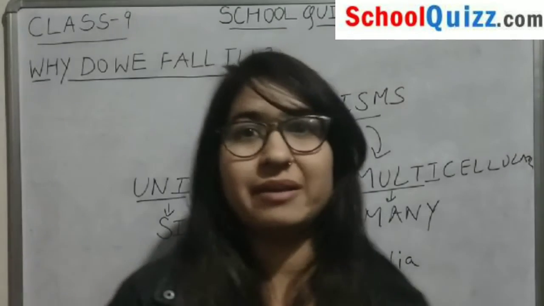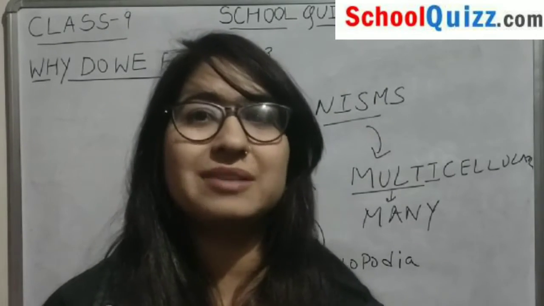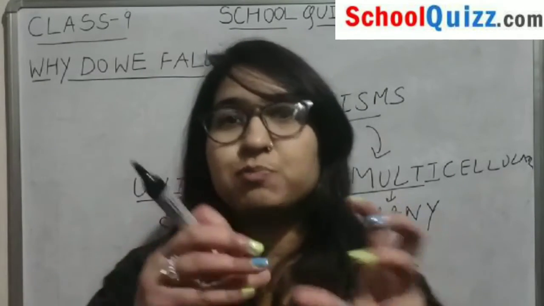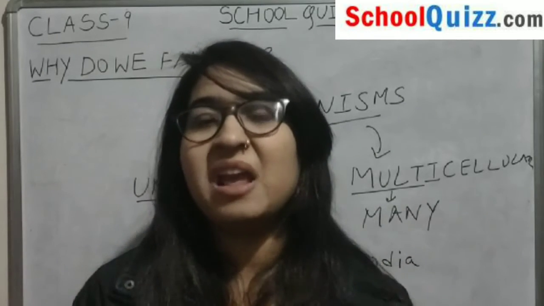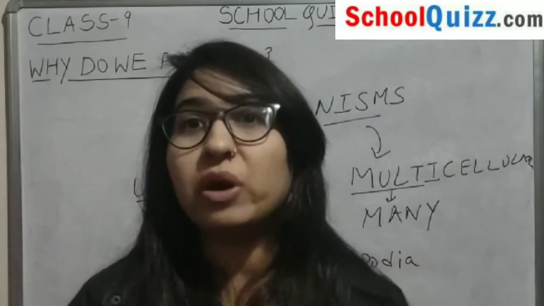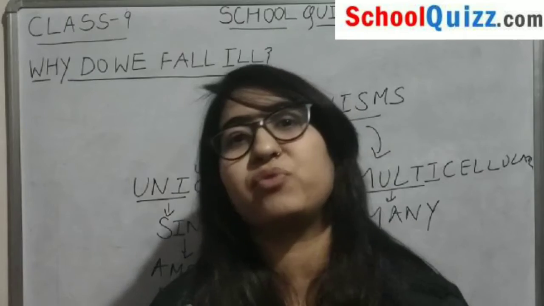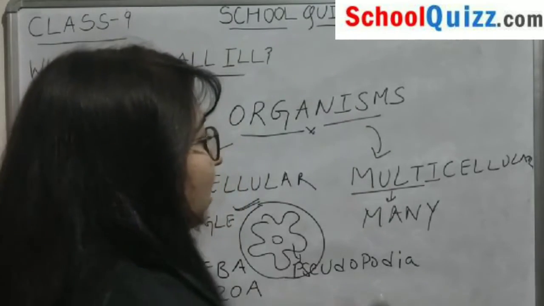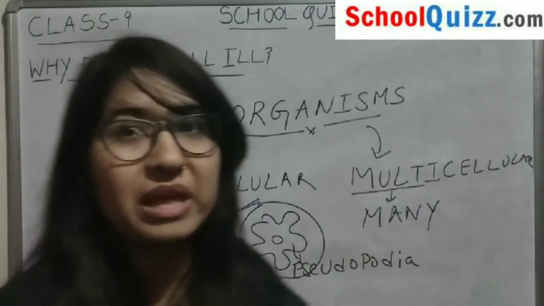Whereas on the contrary, in case of multicellular organisms, each and every small cell will combine, and in a combined and coordinated manner the cells will perform their functioning. So that is the case in multicellular organisms.